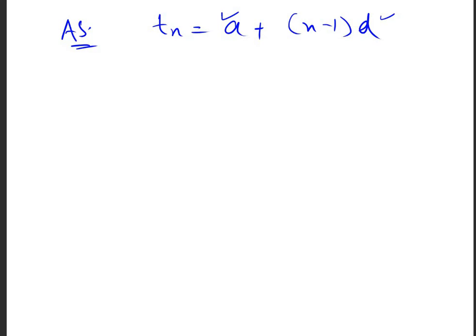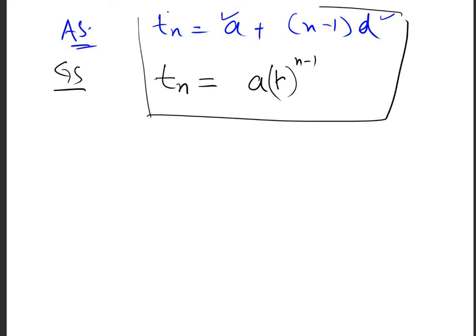In geometric sequences, you've got a very similar formula. T of n equals a, which is the first term, times r raised to the power of n minus 1. So that is the prime difference between the two sequences from an nth term perspective.